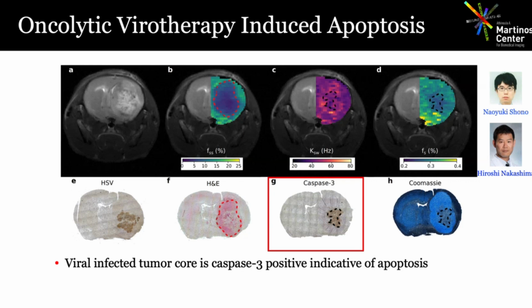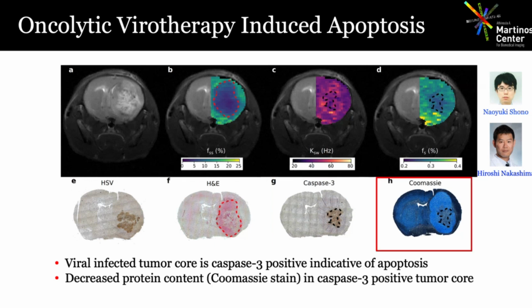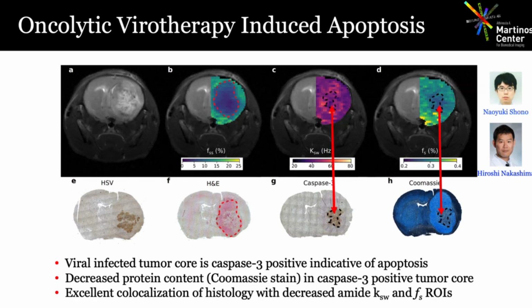And we see that the viral infected tumor core is indeed caspase-3 positive. Similarly, we can stain for protein content using this Coomassie stain. And we see decreased protein content in that same caspase-3 positive tumor core. And we get pretty good localization of the histology regions with the regions of decreased exchange rate and proton volume fraction.